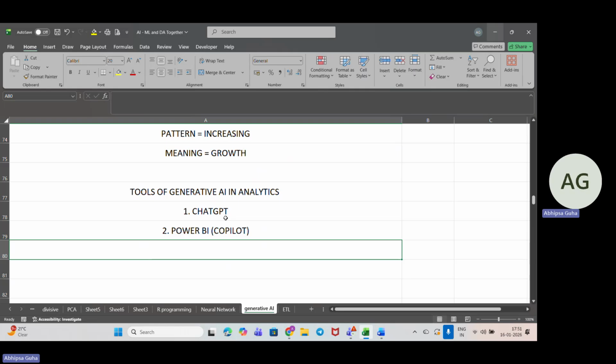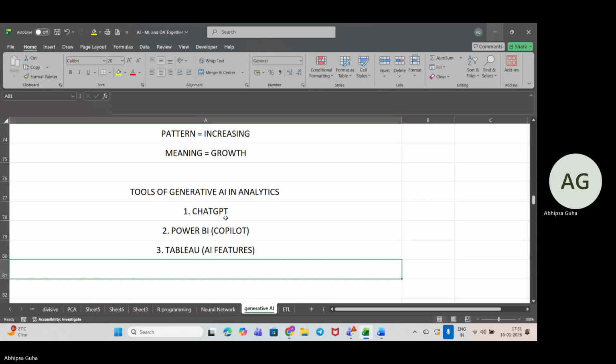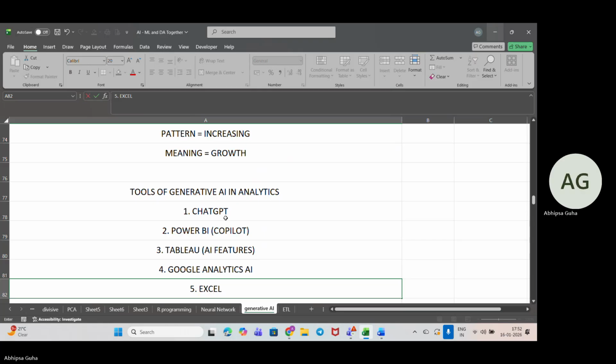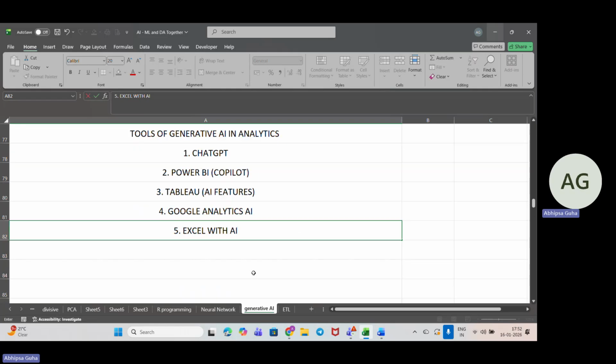We have Tableau with AI features. Next, we have Google Analytics AI. Next, we have Excel with AI. Okay, so these are the tools of generative AI in analytics.